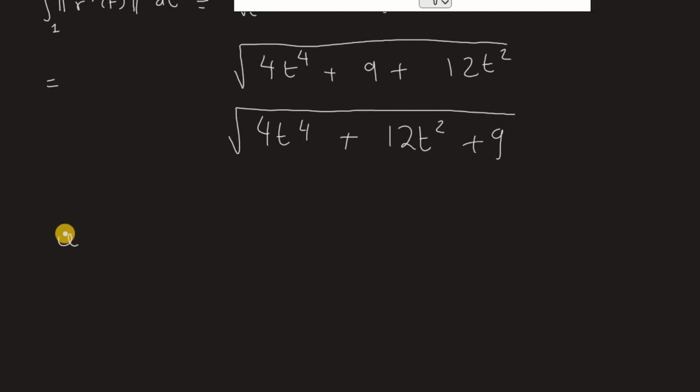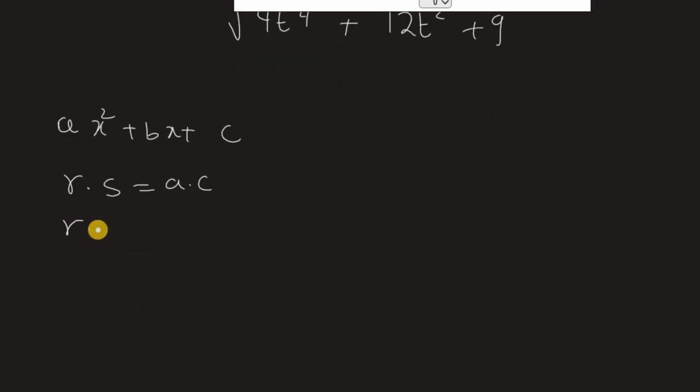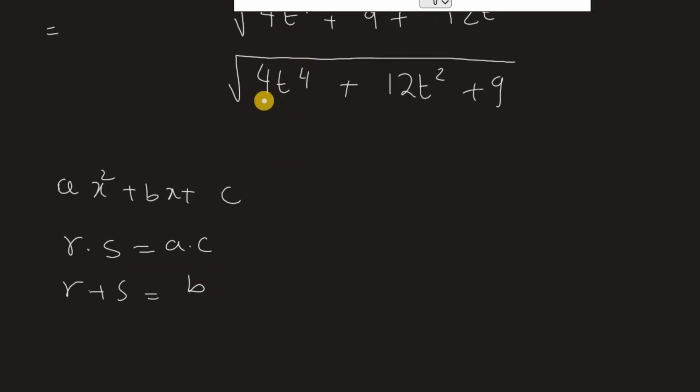Now to factor this, remember how do we factor? When we have something like ax squared plus bx plus c, how do we do this? We need to find 2 numbers such that if we multiply them, we get a times c, and if we add those 2 numbers, we get b. So just like in here, this is like ax squared plus bx plus c.